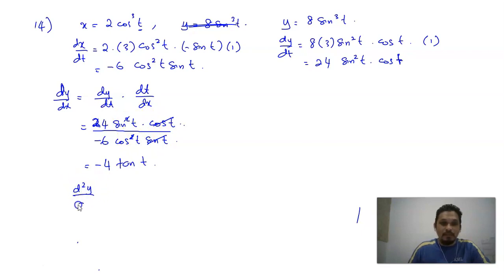And now the second derivative of y with respect to x equals, we are going to recall d/dt. Recall the chain rule of this dy/dt: differentiate y with respect to t.